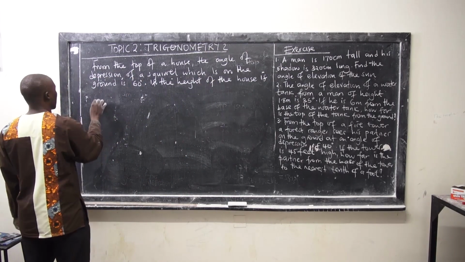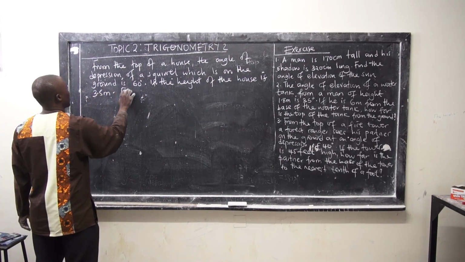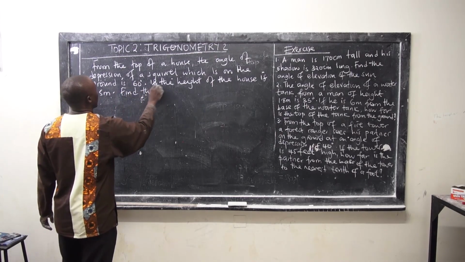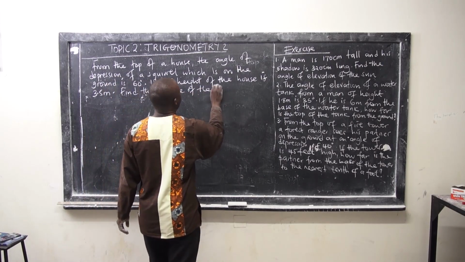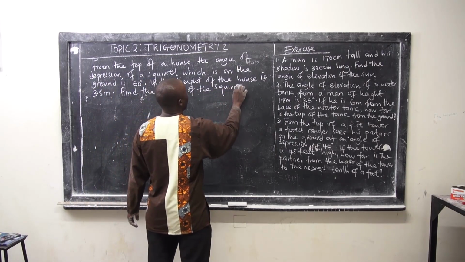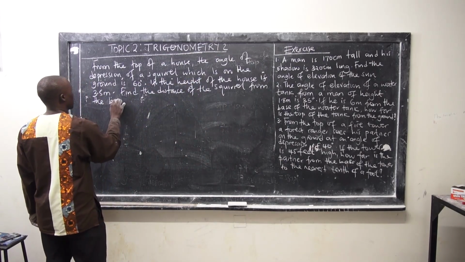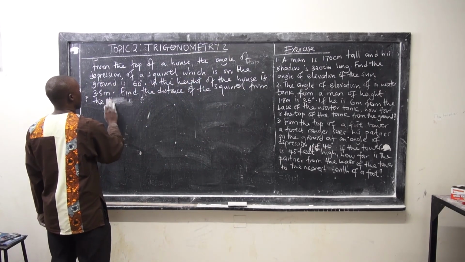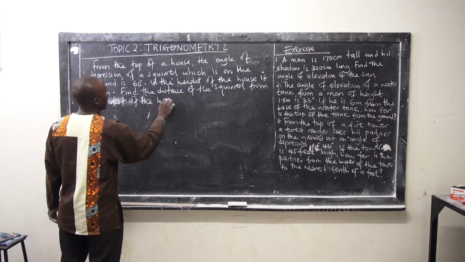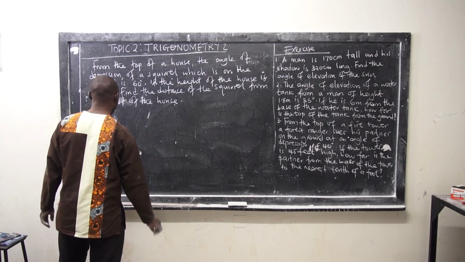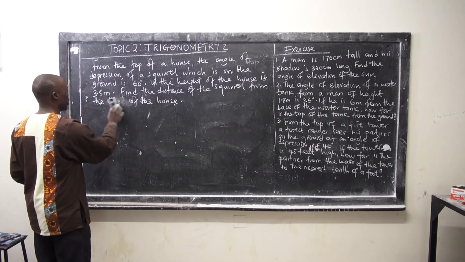If the height of the house is 3.5 meters, find the distance of the squirrel from the foot of the house. So let's dive into that. Let's read it together.